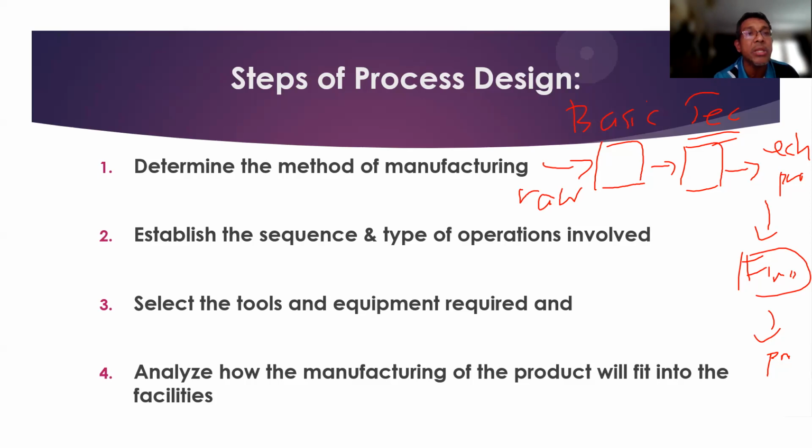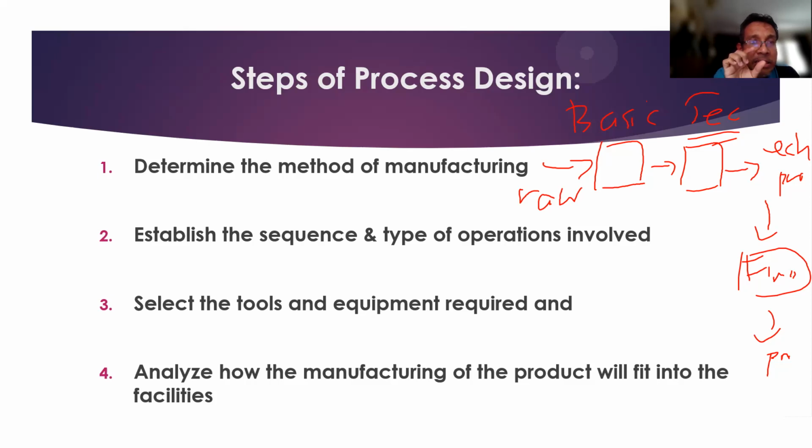And then number three, we need to do a tool selection. Tool selection, equipment required. So based on process, we decide, for example, in the secondary, we need to do machining. In the machining, we have several processes. So what tool do we want to use when we decide we want to remove material from the face of raw material? So we use facing, like in the lathe.